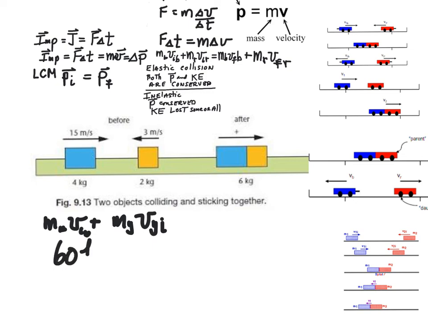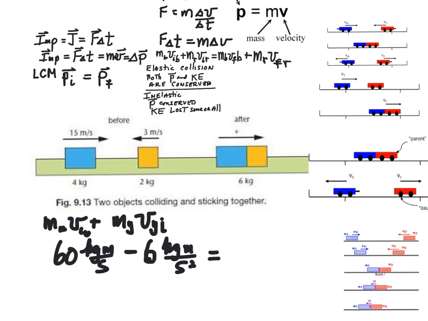That's 60, notice the units, kilogram meters per second. The yellow, however, is 2 times a -3. This is important, you got to use the -3. And so 2 times -3 is -6 kilogram meters per second. And so the final momentum is going to have to be 54.